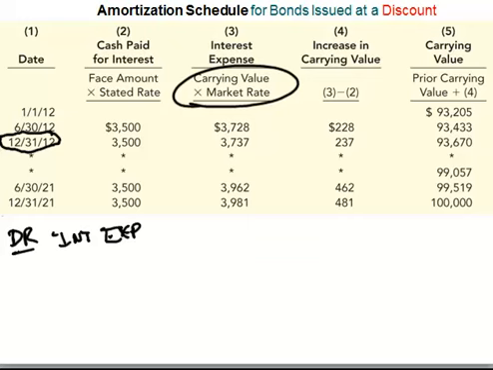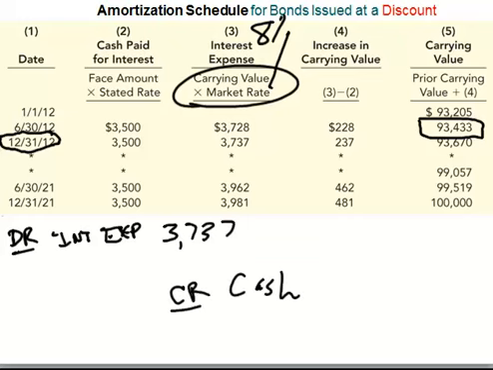Notice, however, that at this point in time we have a new carrying value. Carrying value increased to 93,433 multiplied by the market rate, which was 8%, multiplied by 1/2 for the semi-annual nature of the bond, yields 3,737. The credit is to cash in the amount of 3,500. Recall that is our face amount multiplied by our stated rate.